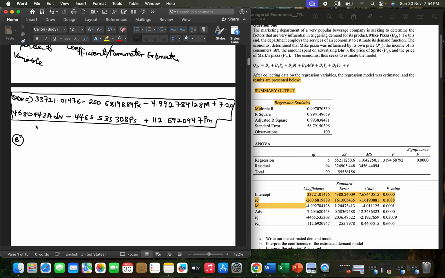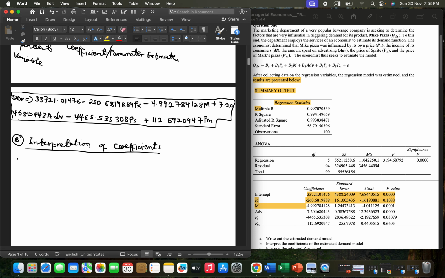So the B part is to interpret the coefficients of the estimated equation. So, interpretation of coefficients. We mostly have the beta naught, but we don't mostly interpret it.